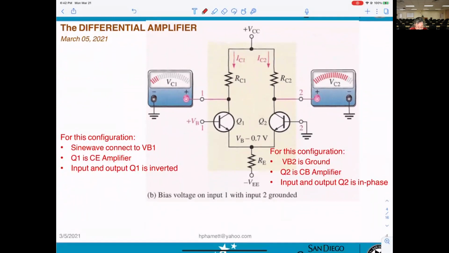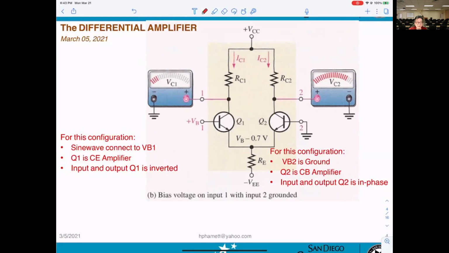The signal will be applied to the base of Q1. However, Q2 at the base will be grounded. And they connect the meter. Okay, so you can get a VC1 smaller than VC2.